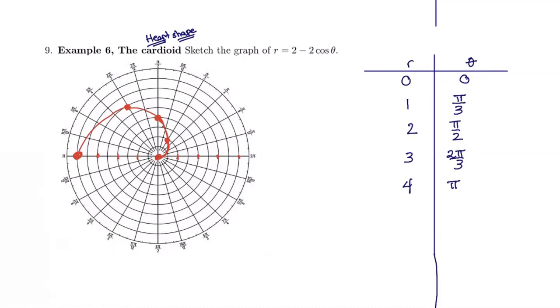We can complete the heart if we go to 4 pi over 3, which we'll end up just going backwards now. So the next point is we go out 3 and around 4 pi over 3 radians, which puts us here.